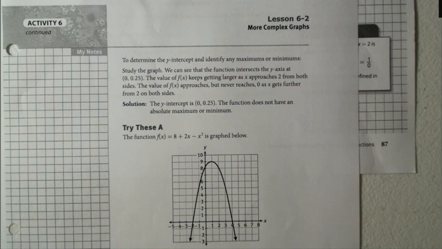The value of f of x approaches but never reaches 0 as x gets further from 2 on both sides. So the y-intercept is 0.25, and the function does not have an absolute min or an absolute max because they continue on infinitely.